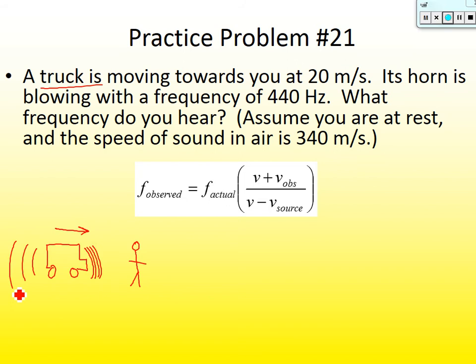And so what I would like you to do now is predict. If the source, the horn itself, is 440 hertz, I want you to make a prediction. Are you going to hear that at a higher frequency than 440 or at a lower frequency than 440? So think about that for a second and make a prediction.